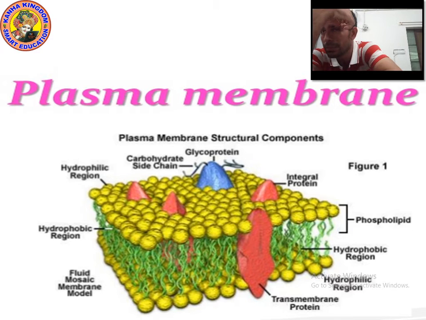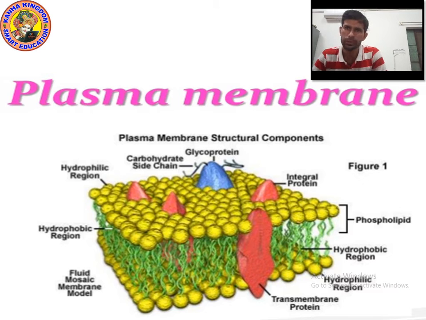It is flexible and made up of lipid and protein molecules. Its flexibility helps the cell to engulf food and other material from its external environment. This process is called endocytosis. If you want to draw the plasma membrane diagram, you can draw. If you don't want to draw, then don't. No issue. Let's move on to the next point.